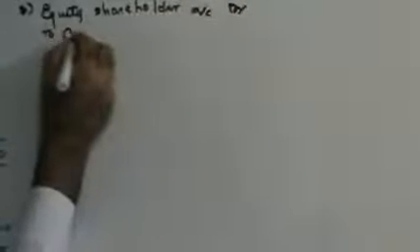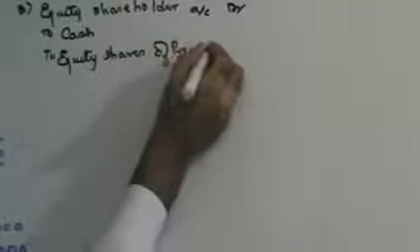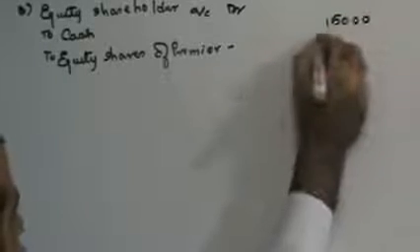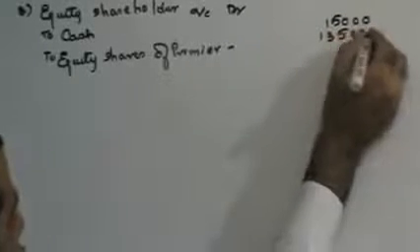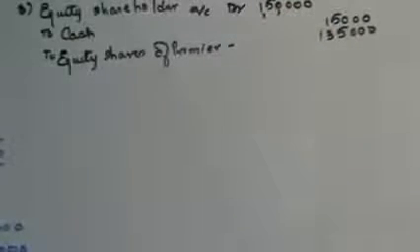You're going to pay them cash 15,000 and equity shares of Premier Limited 1,35,000. Total is 1,50,000. This is what you want to pay them.